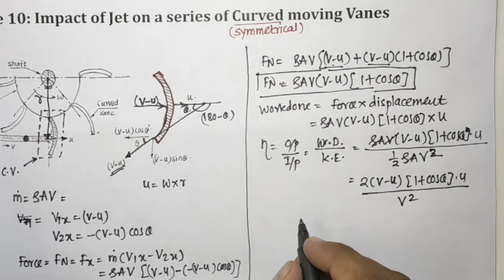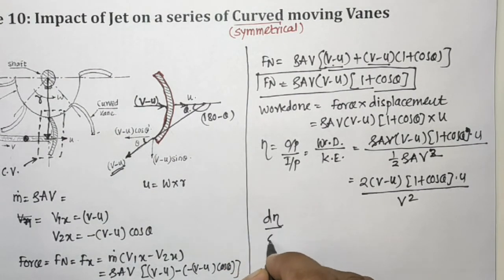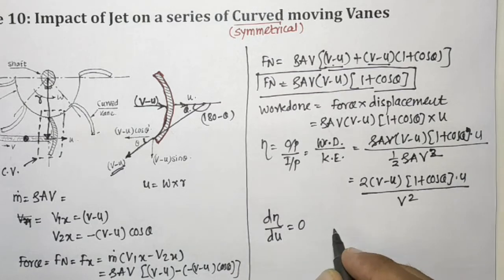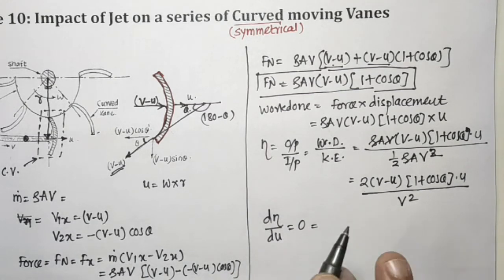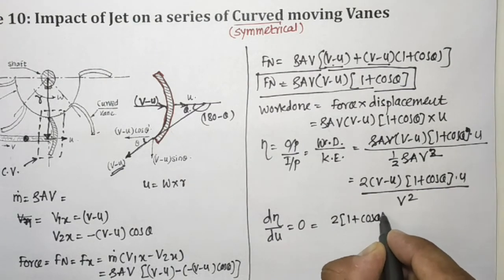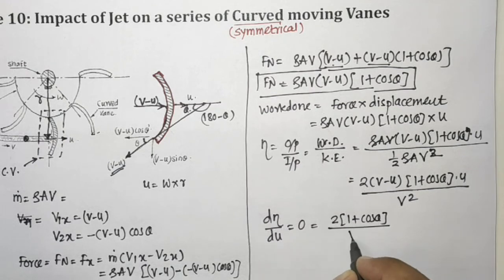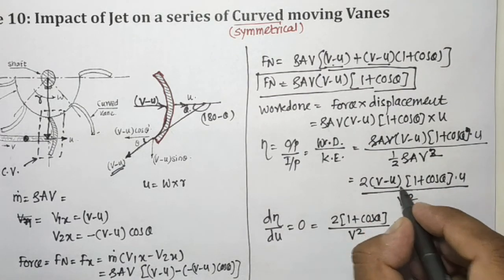Now maximum efficiency: d eta by du has to be equal to 0. Now we will write down that equation in such a way that you may get that idea. First of all we take all the constants outside of this derivative, into d upon du of this quantity and this quantity.